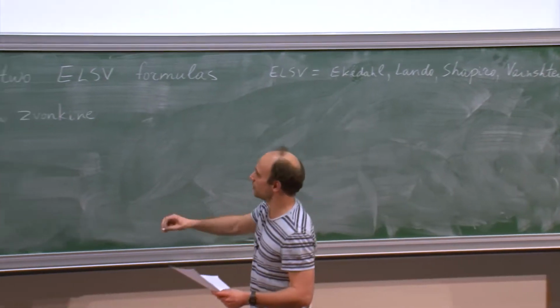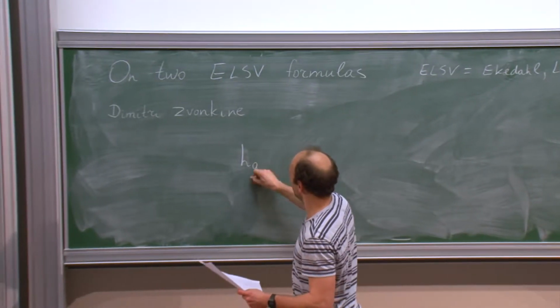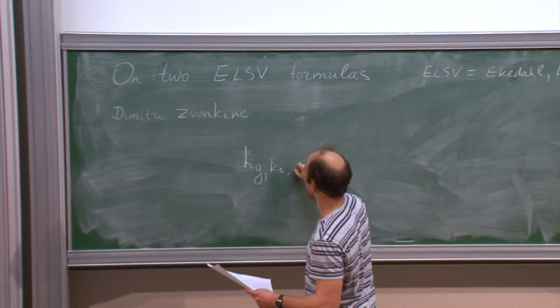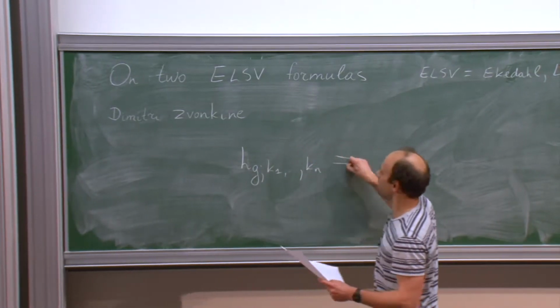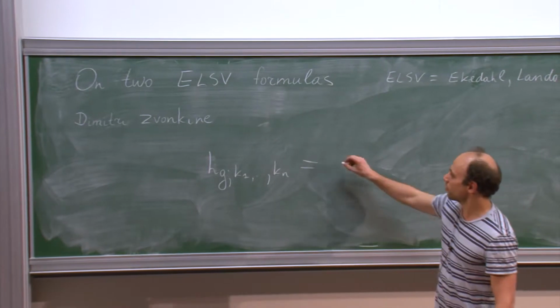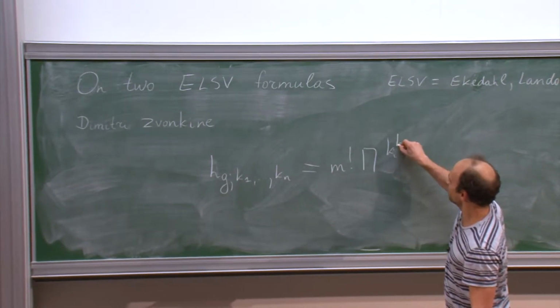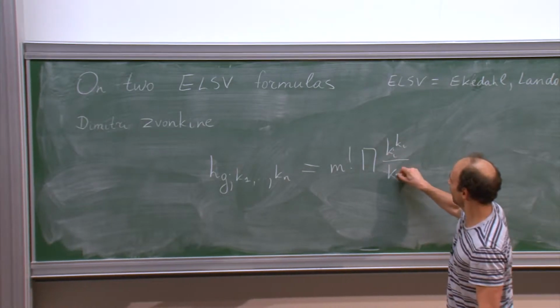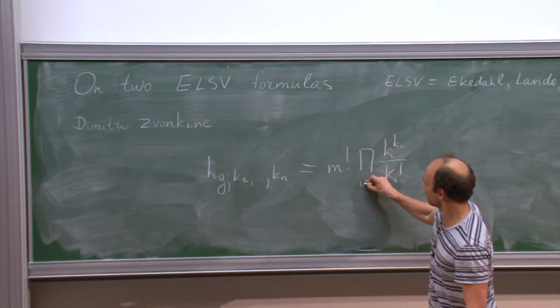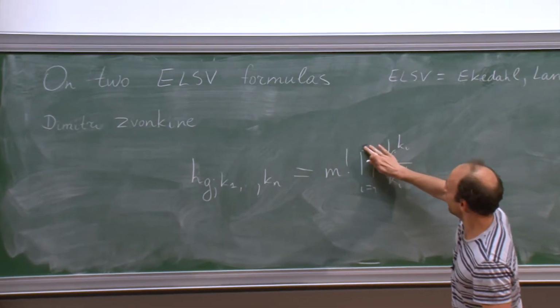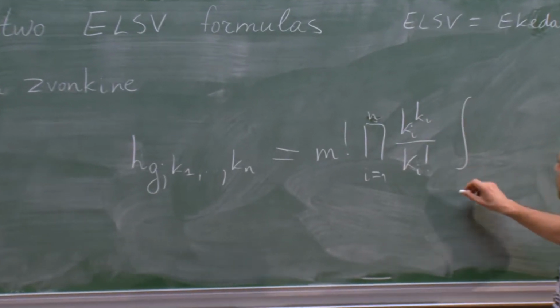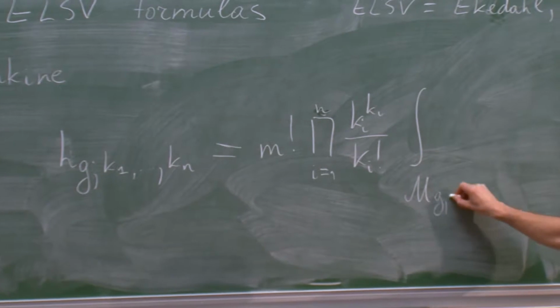So it's an equality between Hurwitz numbers, which I will explain in a moment, on the left-hand side, and on the right-hand side you have a combinatorial coefficient, and the main part is an integral on the moduli space of stable curves.